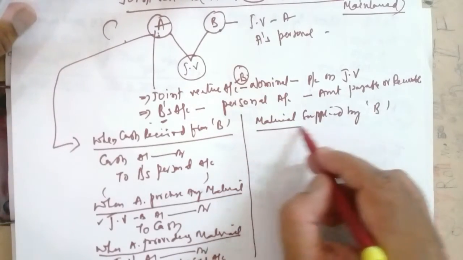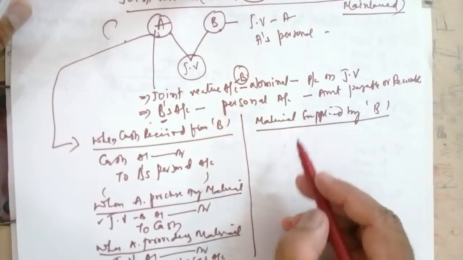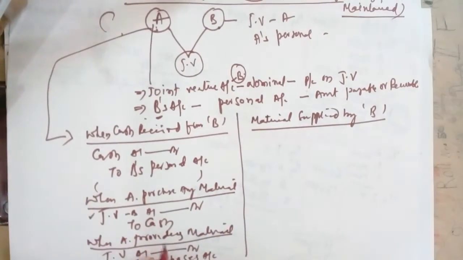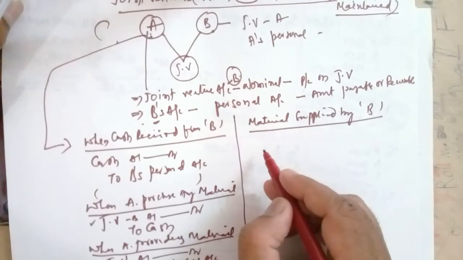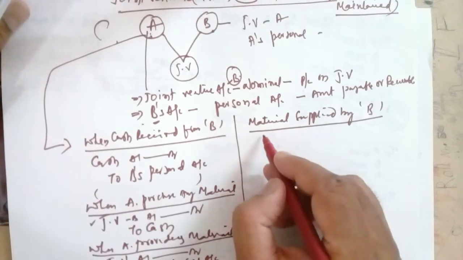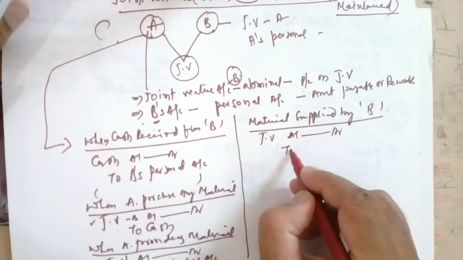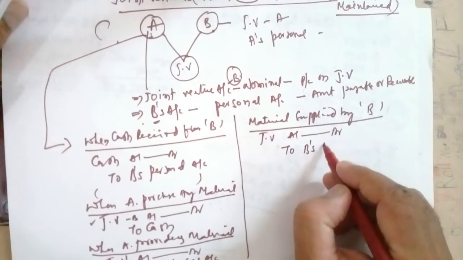So supplied by B, then what is the entry? Material supplied by B. When A supplied the material, we wrote joint venture to purchases. When B is supplying the material, what entry will pass? Joint venture account debit to B's account.